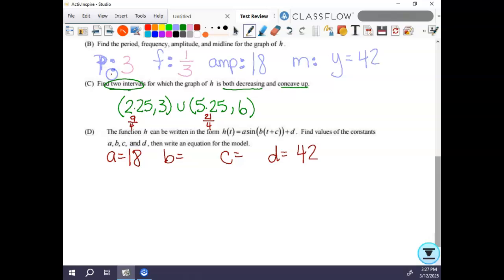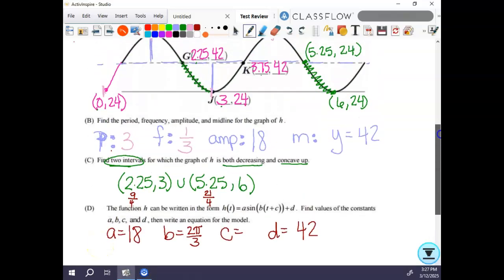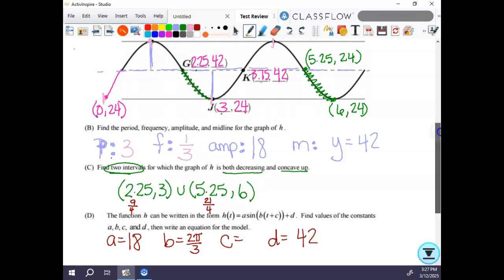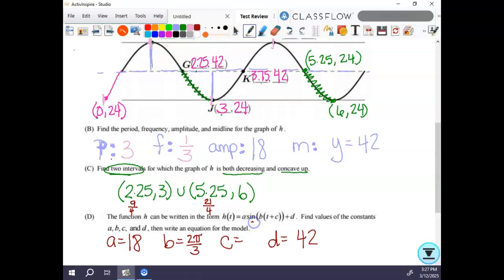B comes from the period. So since the period is 3, I would do 2 pi divided by the period, and that's 2 pi thirds. And then C would be how much I need to move left or right. So let's see what I'm doing here. This says this is a sine function, okay?